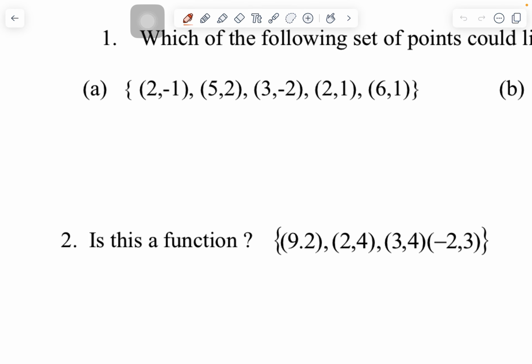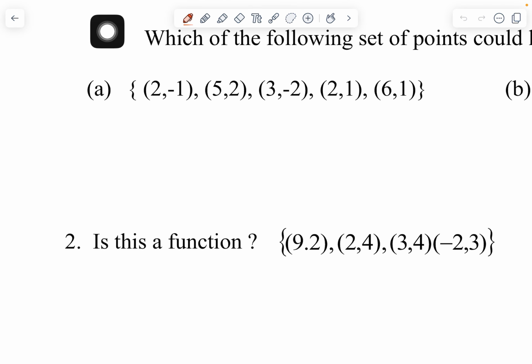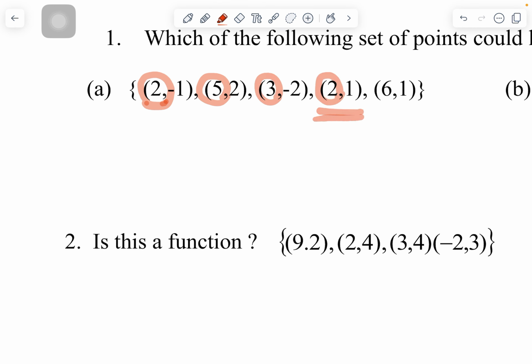So if we look at part A, I'm just going to look at my x values. I have an x value of 2, 5, 3, 2, this is a problem, and then 6, okay? And the reason I underline the ones that I underline is because, in this ordered pair, I put into the function 2, and what I got out of it was the number -1.